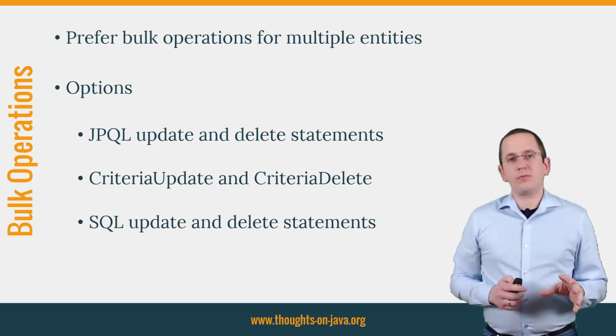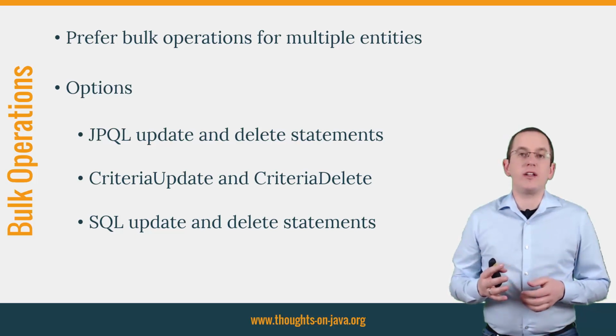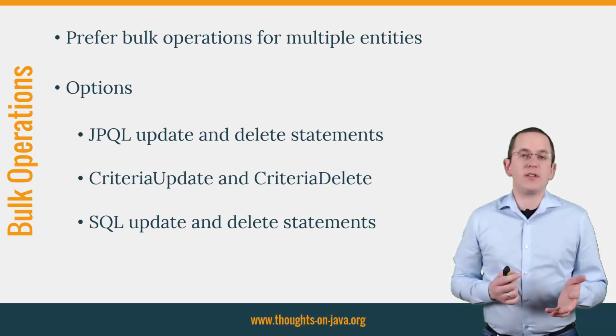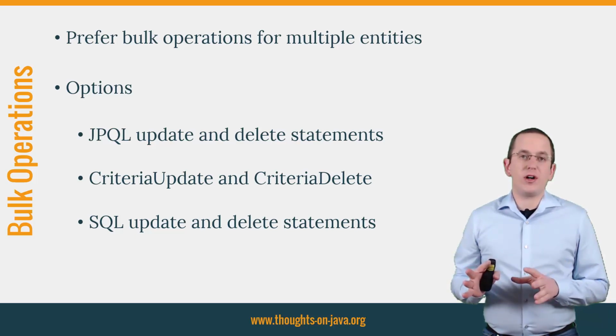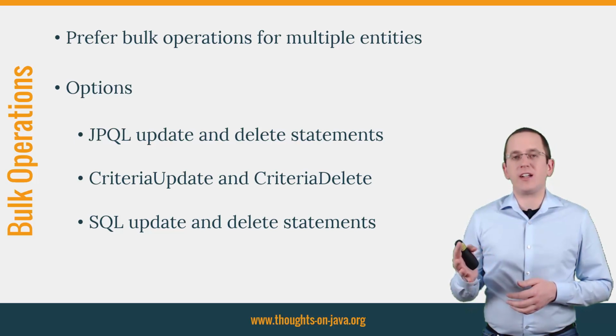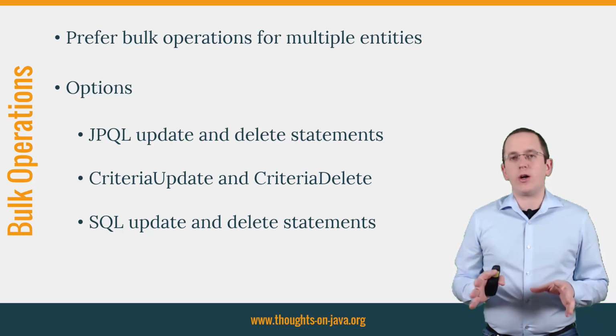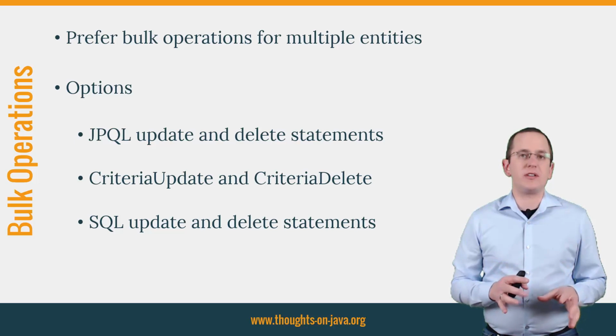The better approach would be to perform these operations in bulks by creating update or delete statements that affect multiple records at once. This can be done via JPQL or SQL statements or by using the criteria update and criteria delete operations. You probably know how to write an SQL or JPQL update or delete statement.